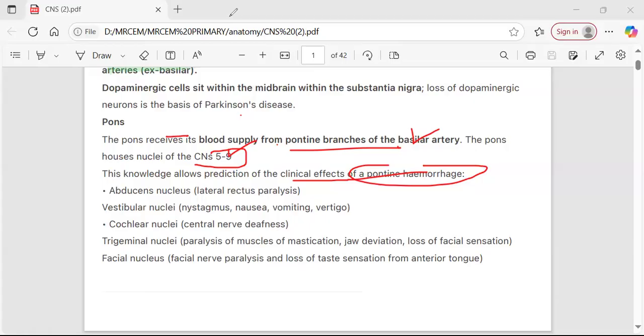As we have discussed, 5, 6, and 7: abducent nuclei, vestibular nuclei that is 8, cochlear nuclei, trigeminal 5, and facial nerve. All of these will be affected in cerebellopontine hemorrhage, and in the exam they will give the scenario that the patient has become unconscious.